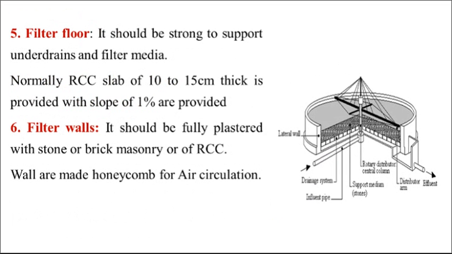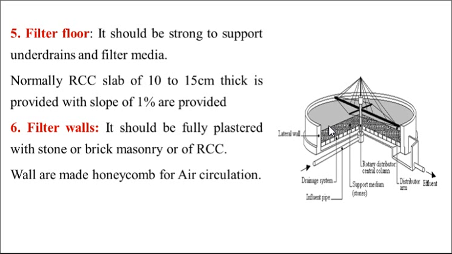Then next one is the filter floor. The bottom portion of a filter is called the filter floor. It should be strong enough to support the underdrains as well as the filter media. Normally, an RCC slab of 10 to 15 cm thick is provided with a slope of 1%.